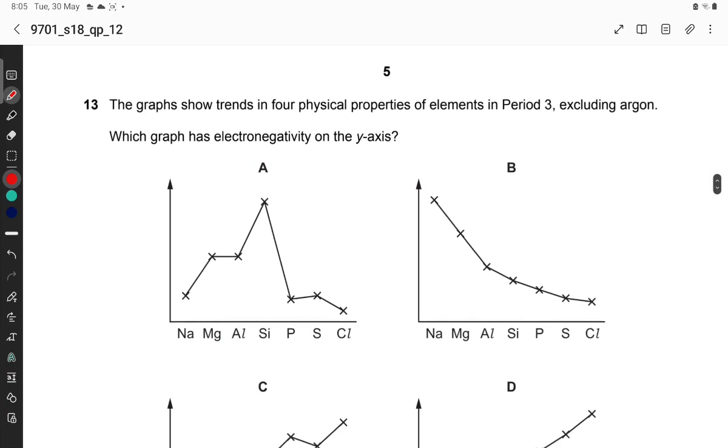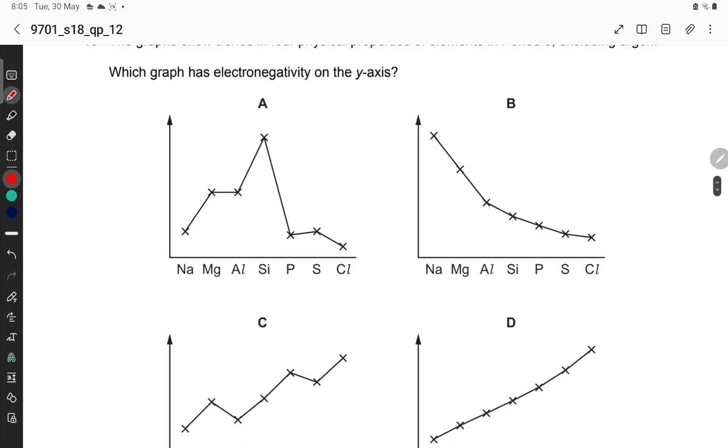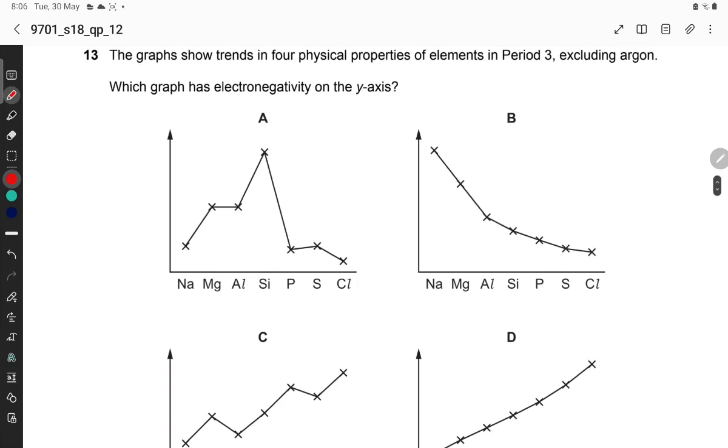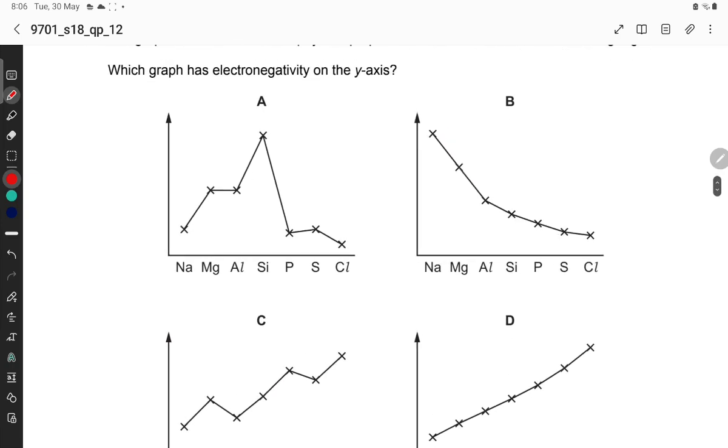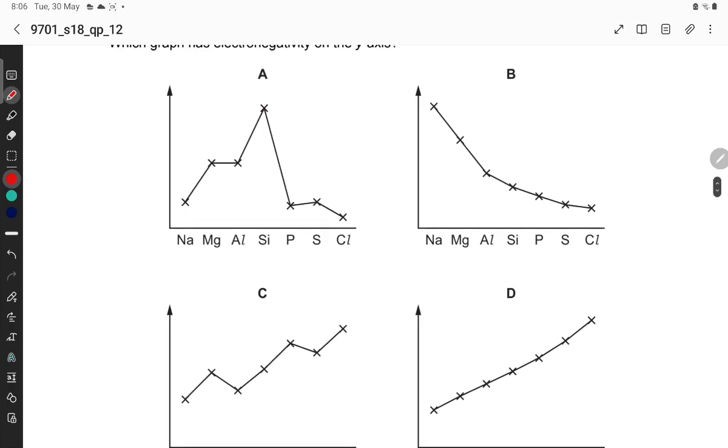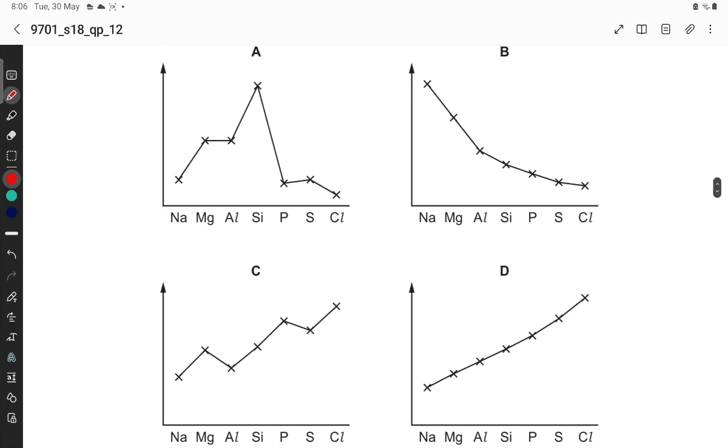Question number 13. The graph shows trends in 4 physical properties of elements in period 3 excluding argon. Which graph has electronegativity on the y-axis?